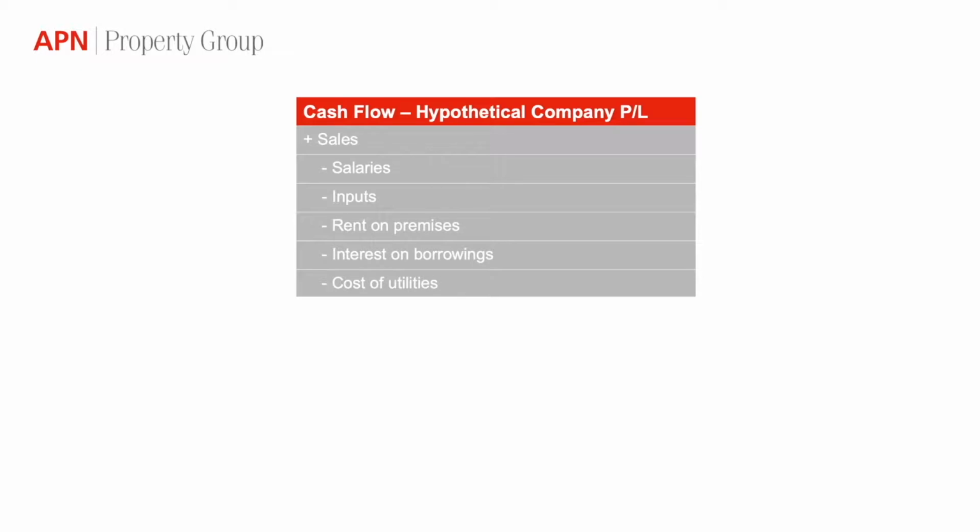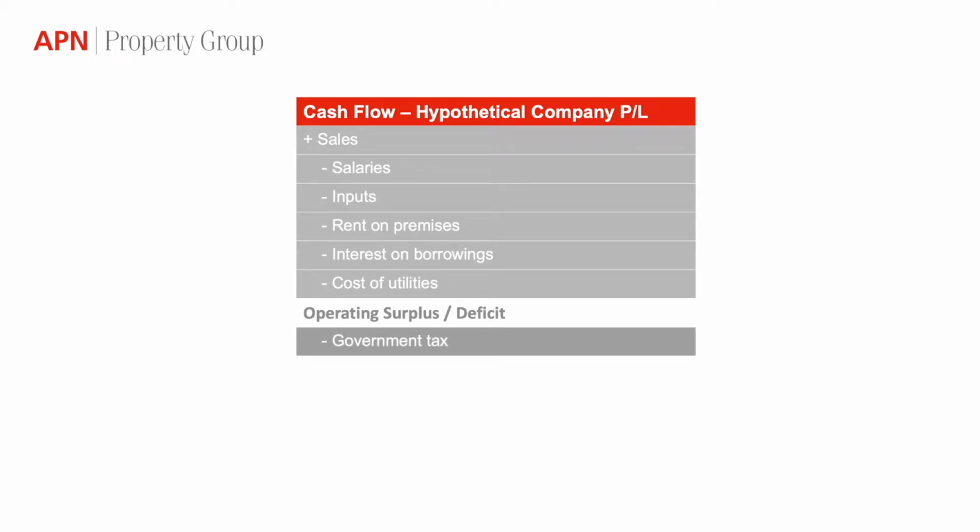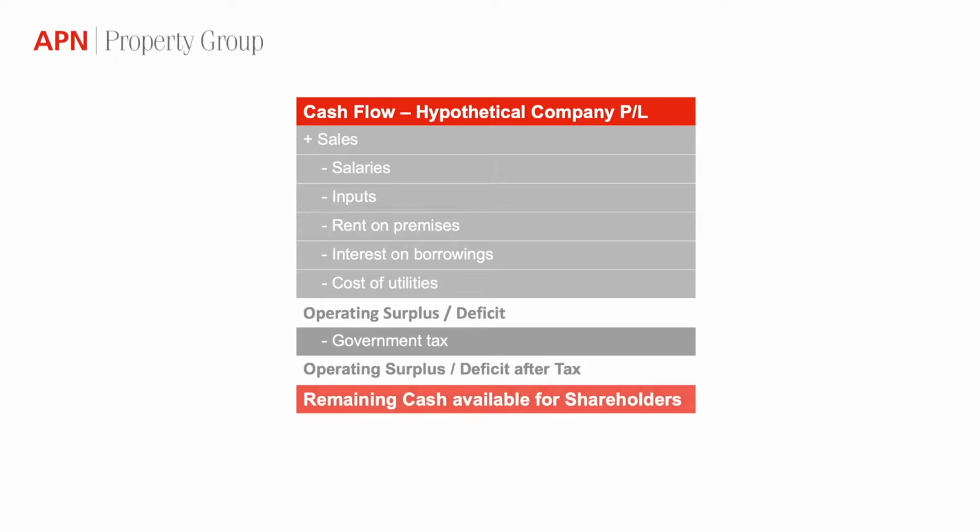It's after those deductions that you get, from a cash flow point of view, your net profit or your net surplus or loss in some cases, and then from that you have what's available to give to your shareholders at the end of the year as a dividend or a distribution.